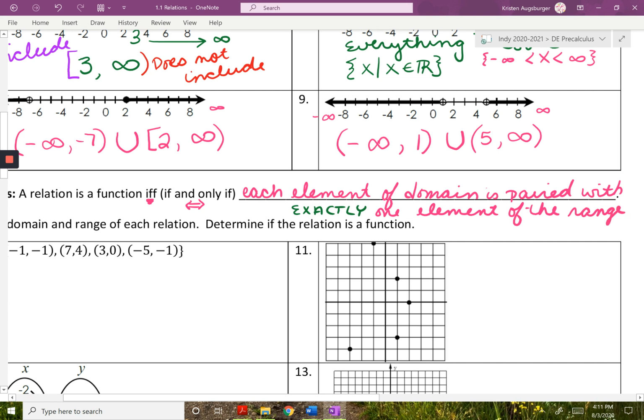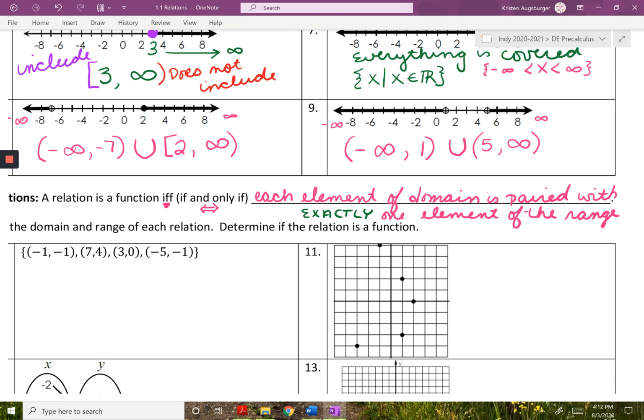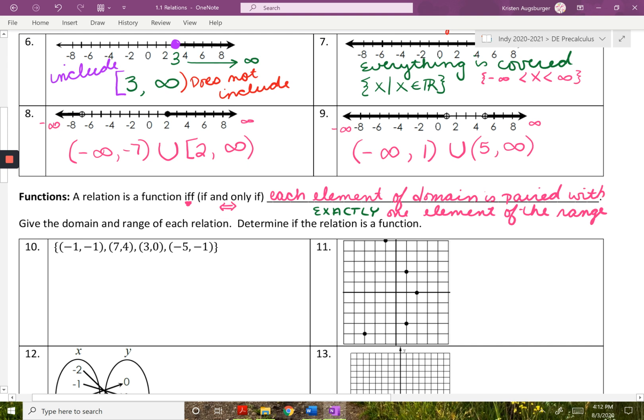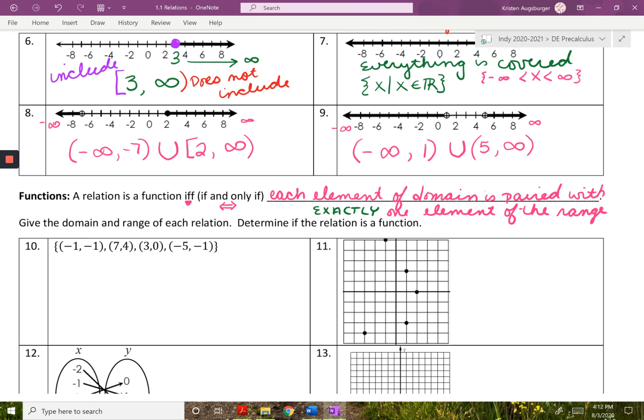You might have heard that before: each x has only one y. But we're going to be a little bit more generic in our definition simply because we're not going to be using just x's and y's. All right, so what does that mean?